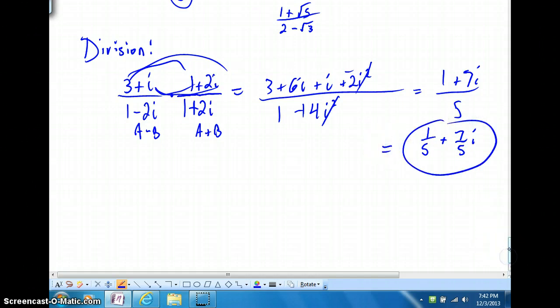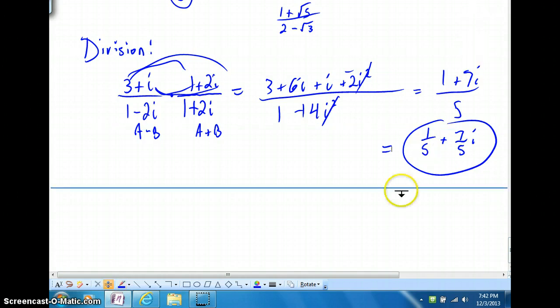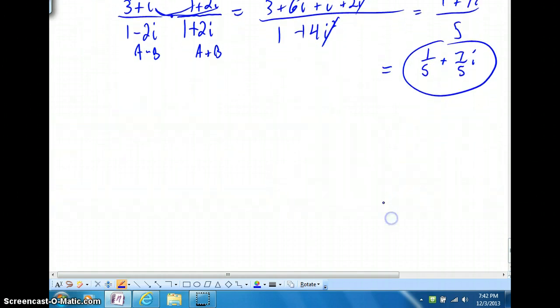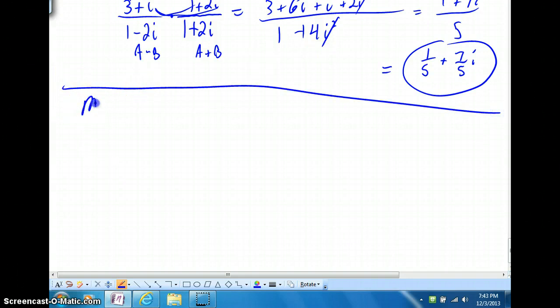Okay, so from here we could talk about several other things. We could talk about the magnitude of a complex number. The magnitude is going to be the absolute value. Like, for example, if I gave you the absolute value of 3 plus 4i.